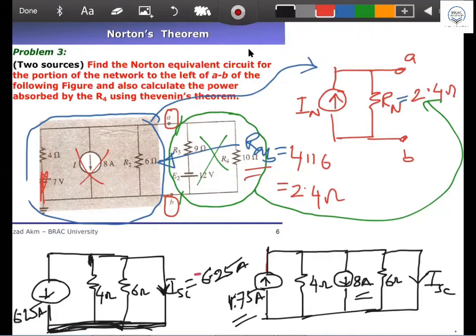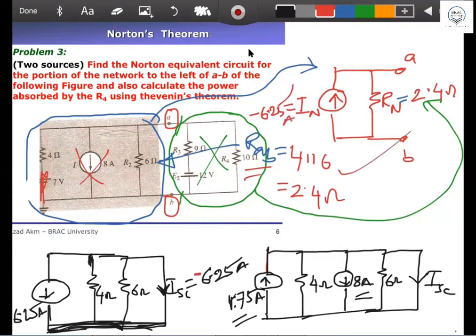That's the only difference, because the current is flowing in the opposite direction. The I Norton direction is the same, everything is the same, but you have to write minus 6.25 ampere. So this is the correct answer for your question.